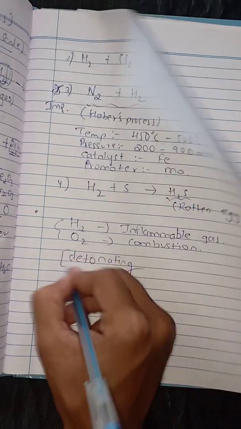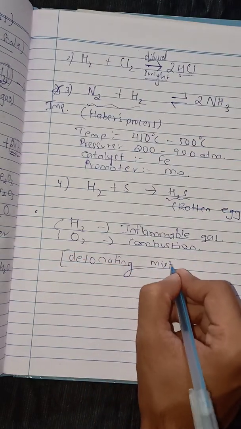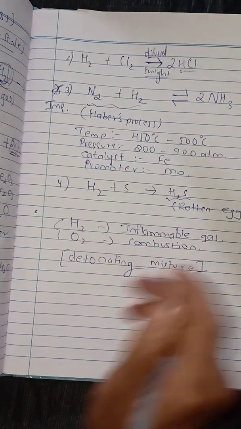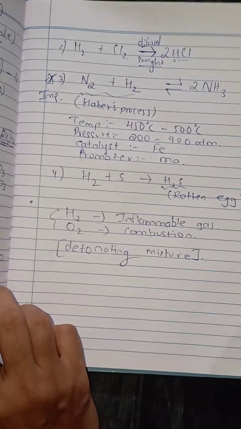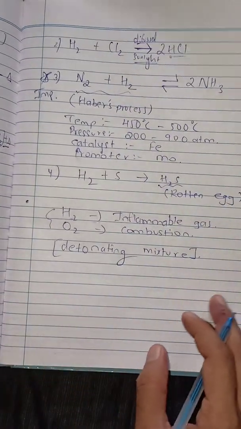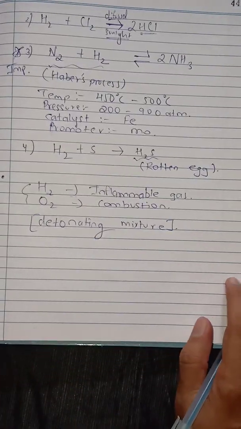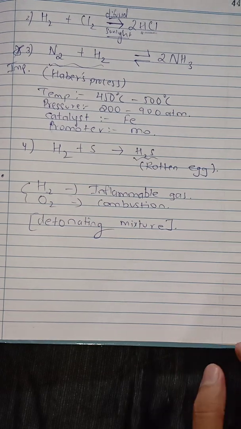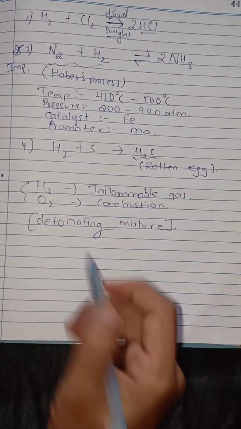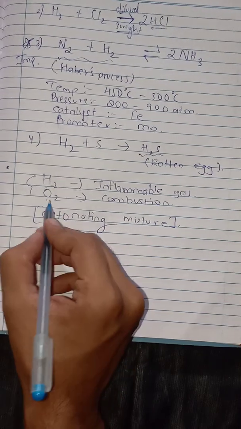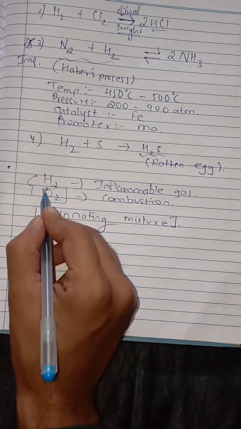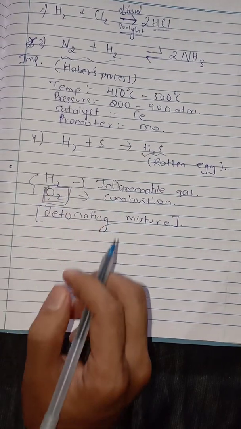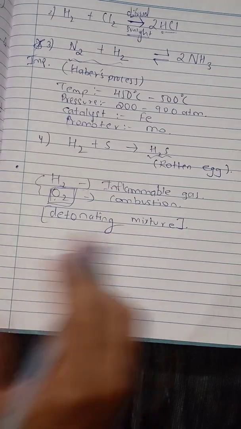The detonating mixture is so dangerous that it can lead to serious damage and injuries. So one should be very careful. During lab processes, whenever they want to react hydrogen with oxygen, they take oxygen in a lesser amount, so that no detonating mixture gets formed.